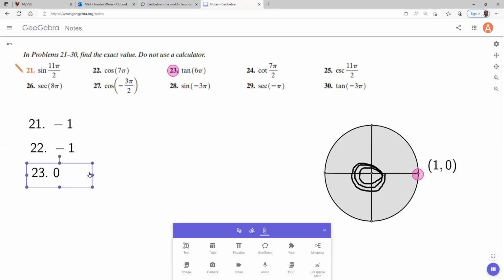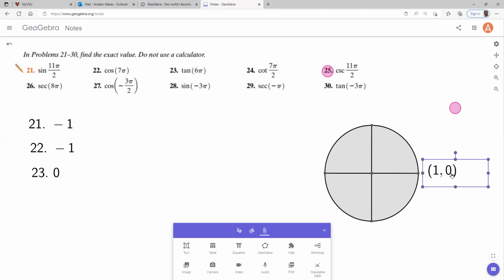Now I'm going to skip 24. To do 24, all you have to do is find tan of 7 pi over 2 and find the reciprocal of that. But let's do 25. Interestingly enough, they're being nice to us.